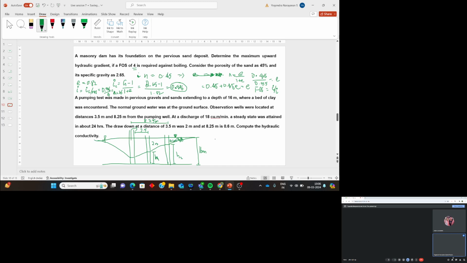Now what is the formula for hydraulic conductivity? K is equal to 2.303 Q by pi into H2 square minus H1 square, log 10 R2 by R1.